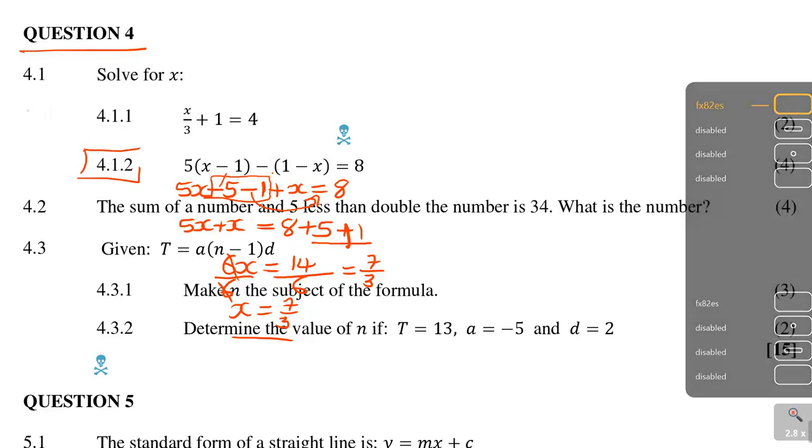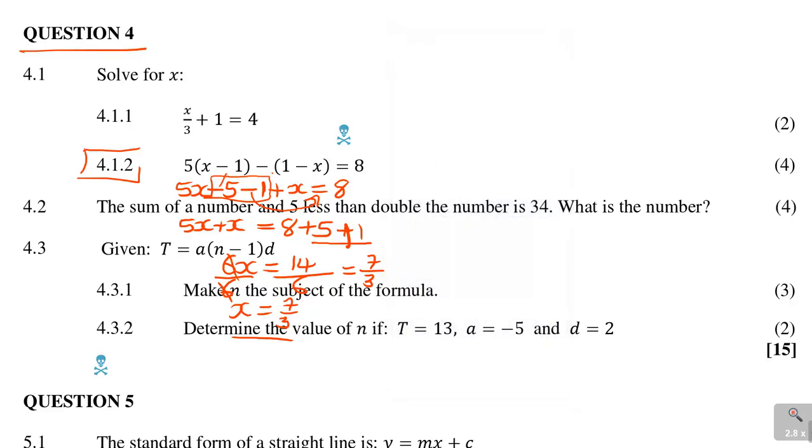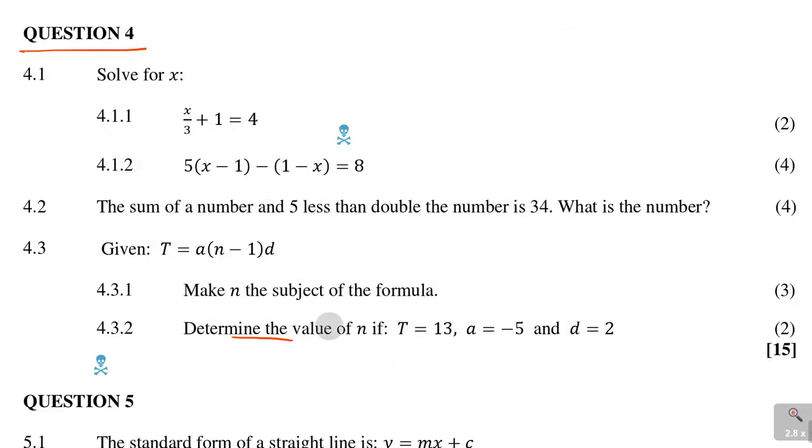So if you go to the calculator and say 5 into my x, which is 7 over 3, minus 1, close the bracket, minus bracket 1 minus 7 over 3. When I simplify, it must give me 8. So when I do that, equal to, you see I'm getting an 8. It means my answer is therefore correct. So that is how you solve that.